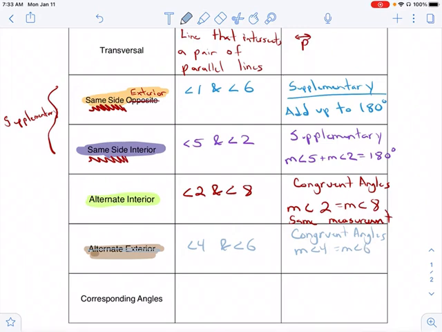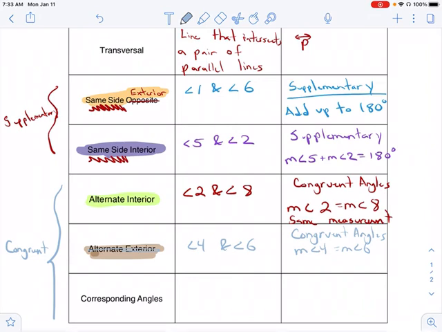The last piece here, and maybe I'll extend this over, and we'll see this in a little bit, is corresponding angles.